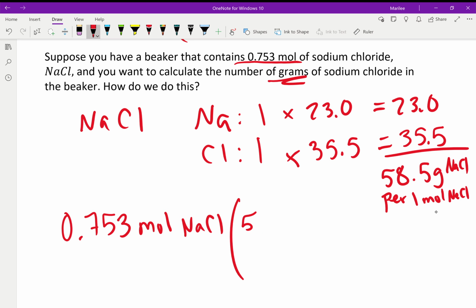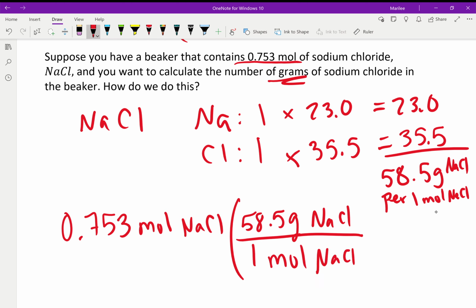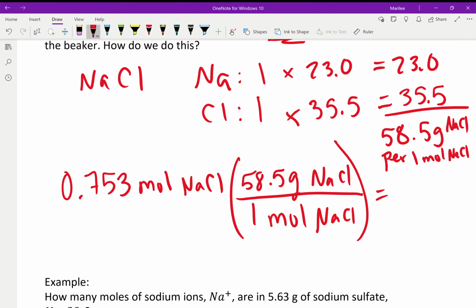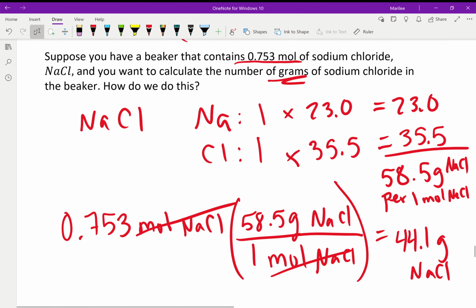We have 58.5 grams NaCl per 1 mole of NaCl. When you do the conversion factor, remember that things need to cancel out. So the mole NaCl cancels out, and we're left with 44.1 grams of NaCl. Right? We said here our final answer needs to be in grams, so that's our final answer.